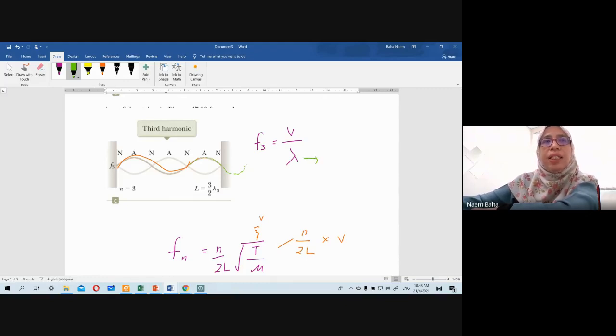So therefore, this is actually how many lambda? 1.5. Hold on.